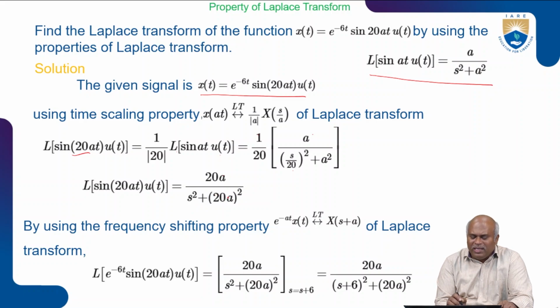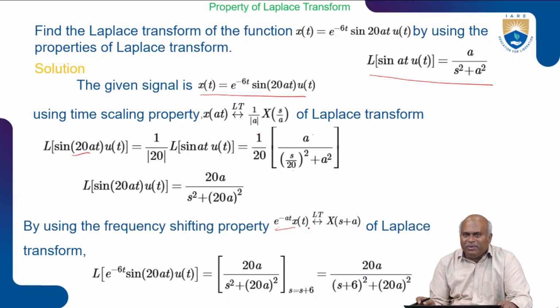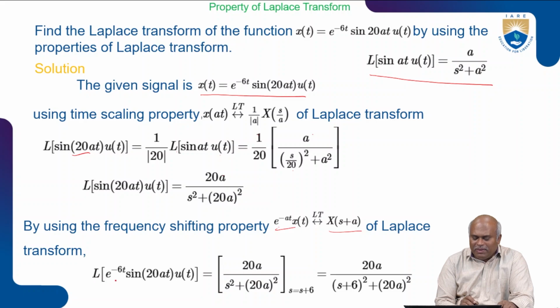By using the frequency shifting property, we should multiply with e power minus at x of t. Laplace transform is equal to x of s plus a. Now the Laplace transform of e power minus 6t sine 20t u of t is equal to 20a divided by s square plus 20a square.